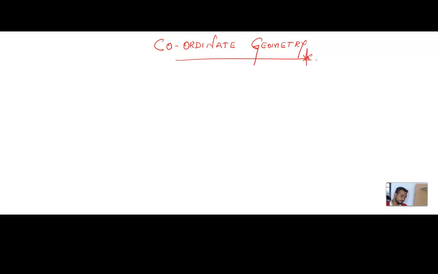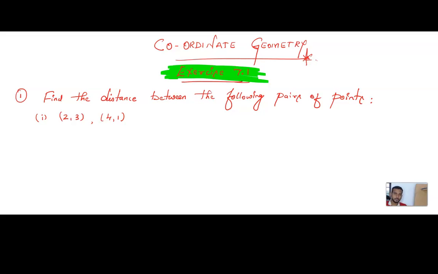Let's begin. Observe, students, the first problem of exercise 7.1. Find the distance between the following pairs of points. They have given two points, that is (2, 3) and (4, 1). Here what we are going to do is very simple. First, what are the coordinates they have given? (2, 3). So this is our first coordinate.